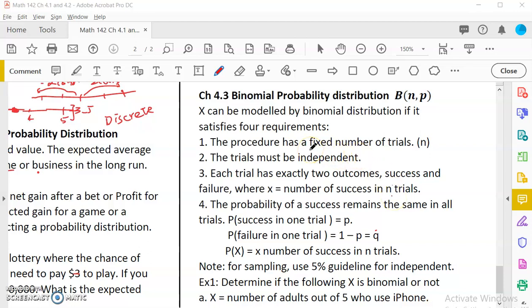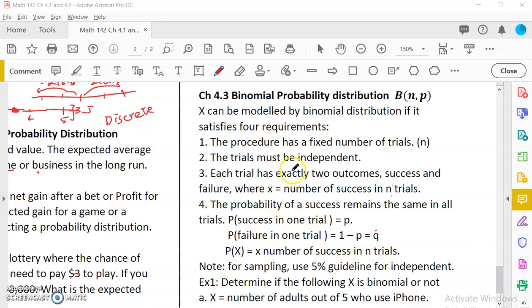In the procedure, you're actually doing n trials. Let's look at some of the requirements for being able to model X, which is a random number determined by chance, and X is a count of successes. X is the number of successes in n trials.